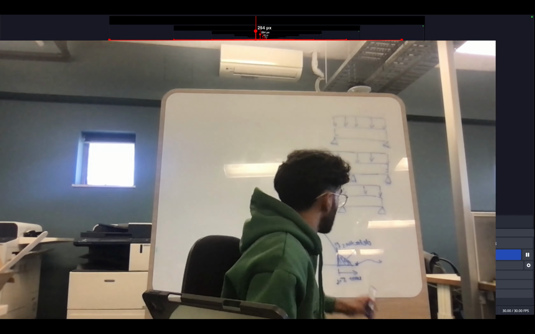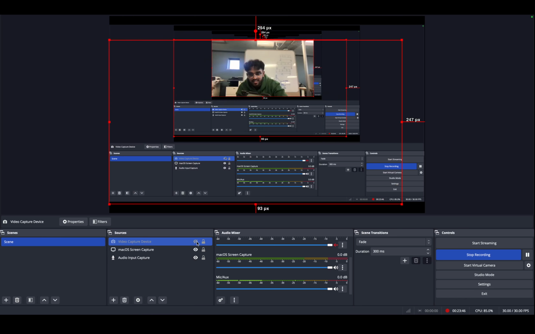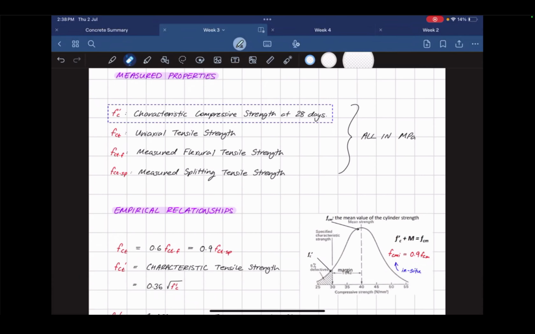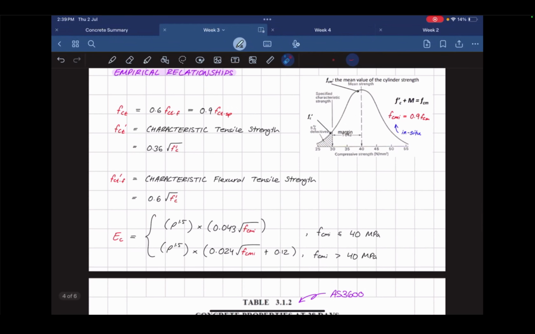Wilson, would you be able to explain why F dash C is the last 5%? You know that F dash C is the last 5%? Yeah, I'll tell you. Why are you shaking your head? I don't even know. What does F dash C stand for? The compressive strength at 28 days.